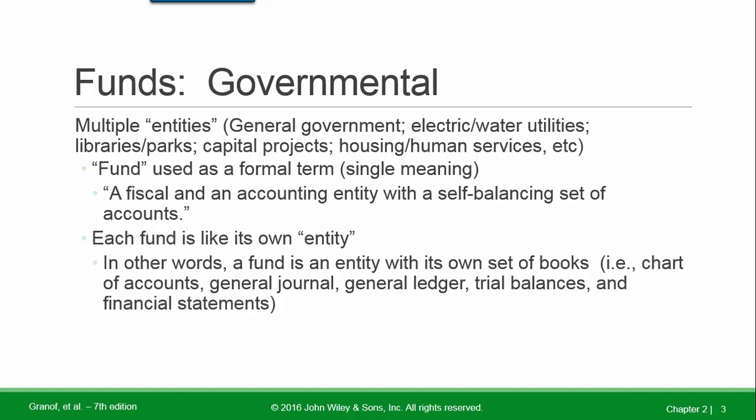Each fund is like its own entity. In other words, a fund is an entity with its own set of books, chart of accounts, general journal, general ledger, trial balances, and financial statements. Notice that the term entity is shown in quotes. It's one government, but multiple entities within the government.